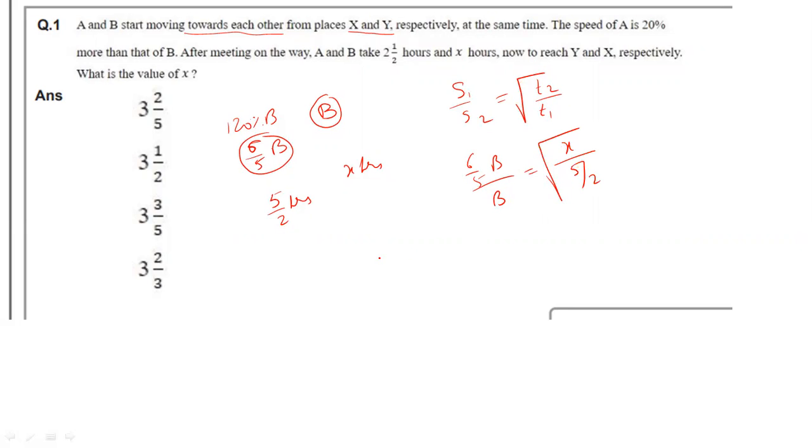If I remove the square root on this side, it becomes 36 by 25 is equal to 2x by 5. Now it gives you the X value. X is equal to 18 by 5. Where is 18 by 5 here? Here. So 3 3/5 hours, and then we can go into the next question.